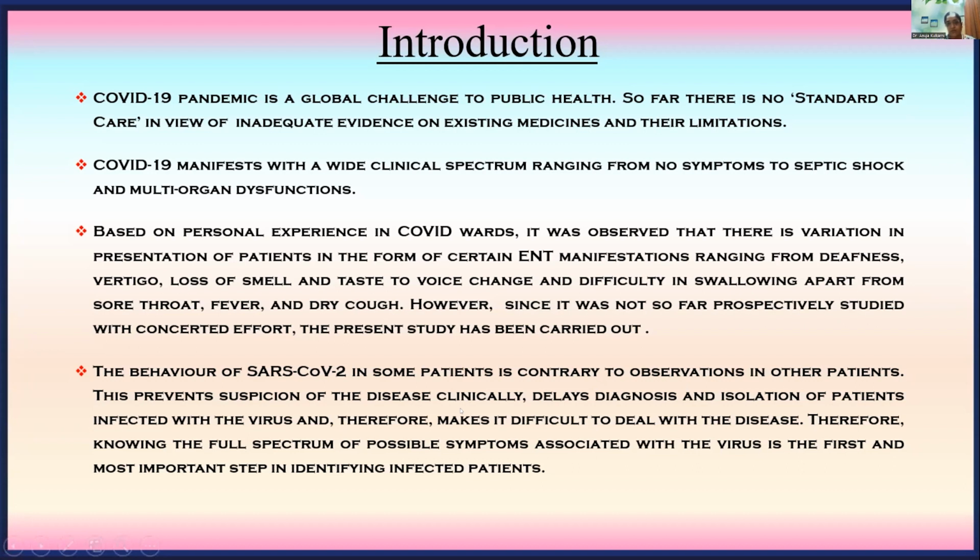However, the behavior of SARS-CoV-2 in some patients has been contrary to observations in other patients, and this has prevented clinical suspicion of the disease, which has resulted in delayed diagnosis and isolation of infected patients, and therefore made it difficult to deal with this disease.